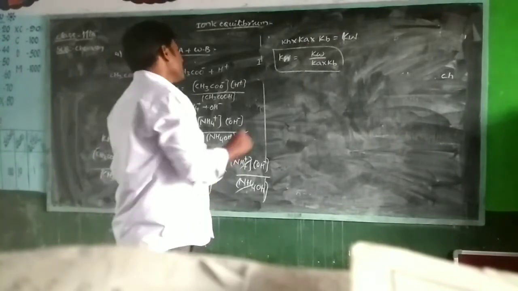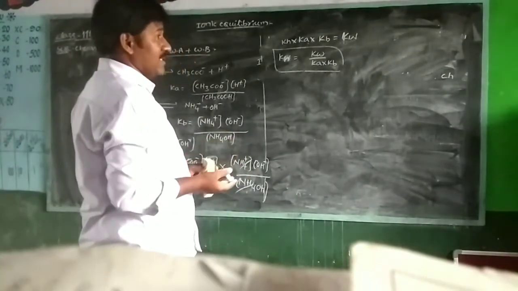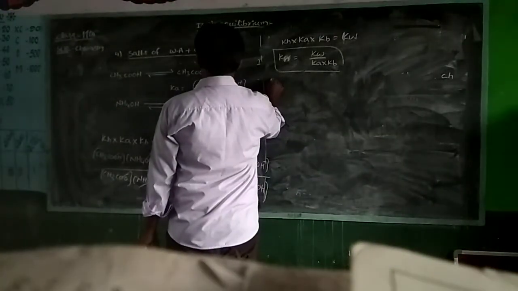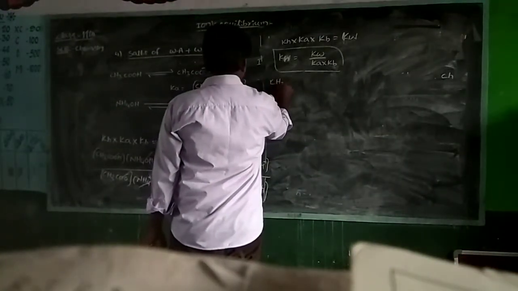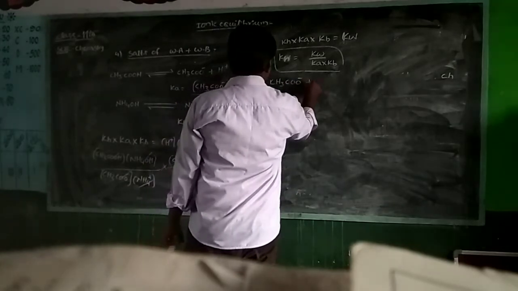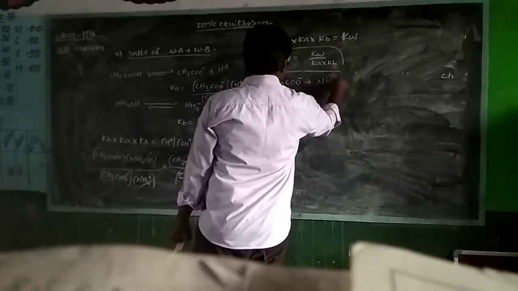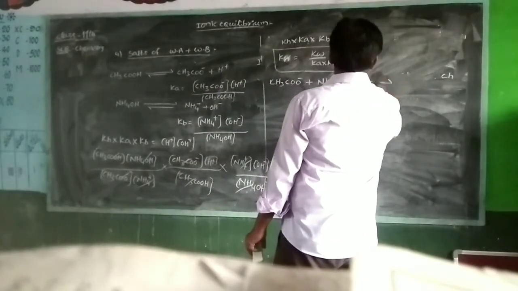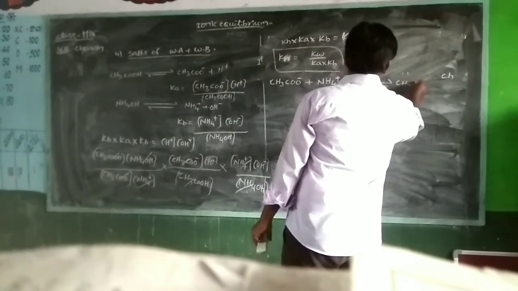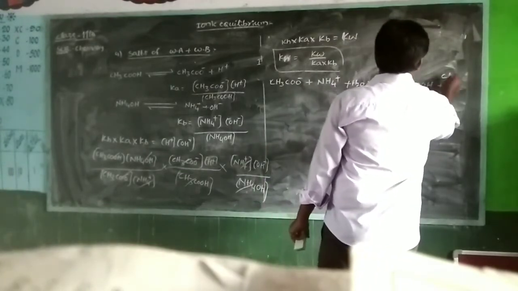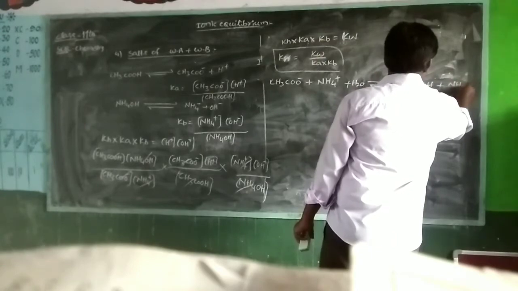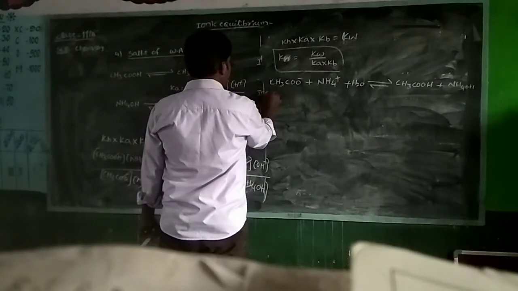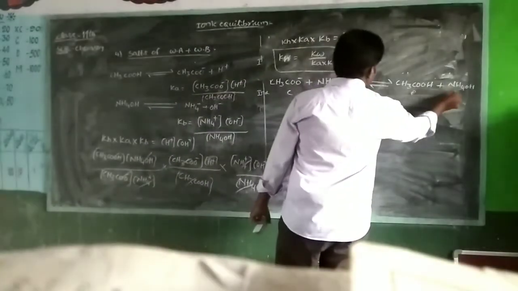Next, we have to find the H plus concentration. CH3COO minus plus NH4 plus plus H2O in a reversible reaction gives CH3COOH plus NH4OH. Initially the concentration is C, and the products are 0, 0.